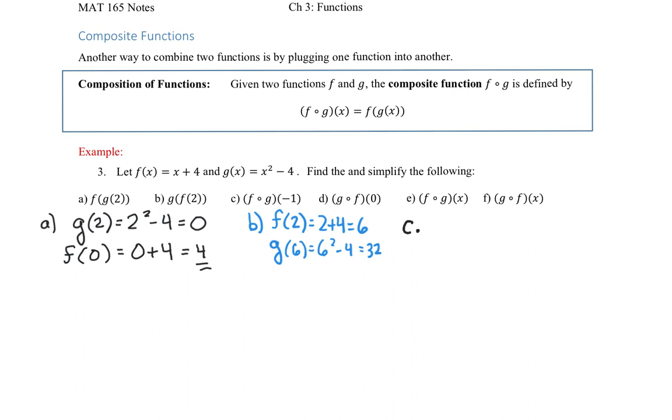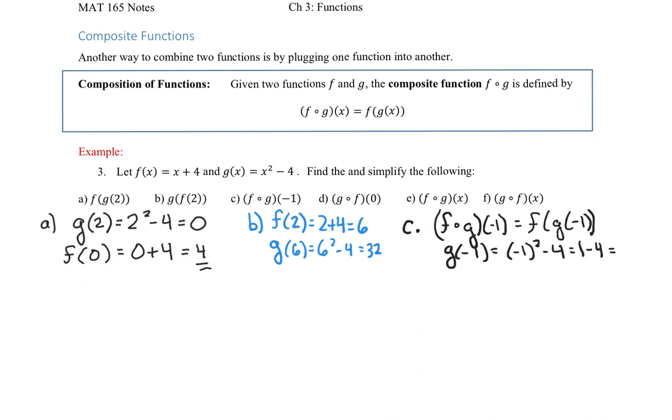For letter C, we wrote this using slightly different notation, but this still means the exact same thing as this. You can use either one. So g is the inner function. Let's figure out what g of negative 1 will be. Make sure you use parentheses around that negative.